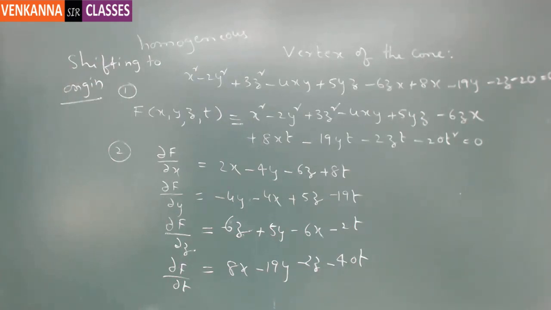As we have studied one small result, whenever you have a cone with vertex at origin, it is always a homogeneous equation in any number of variables. 2 variables, 3 variables, 4 variables, anything you can take. Generally, we are going to take x, y, z, which is giving a homogeneous one of any degree. So to make it homogeneous, the process is to introduce an auxiliary variable there.